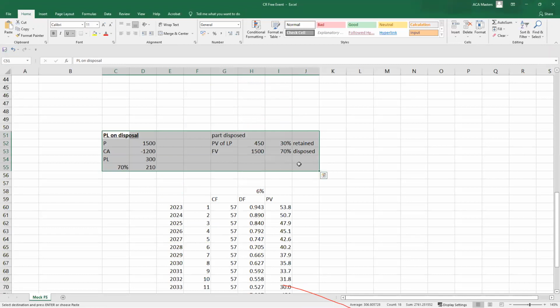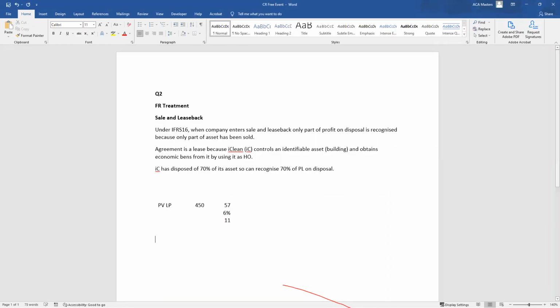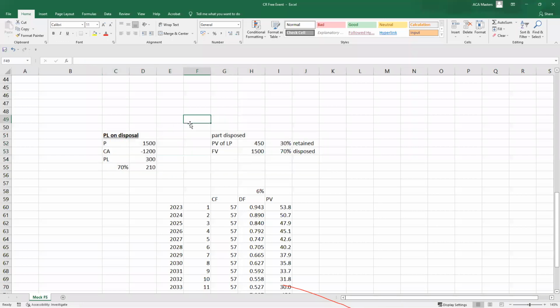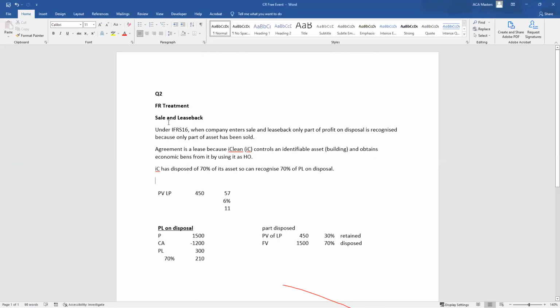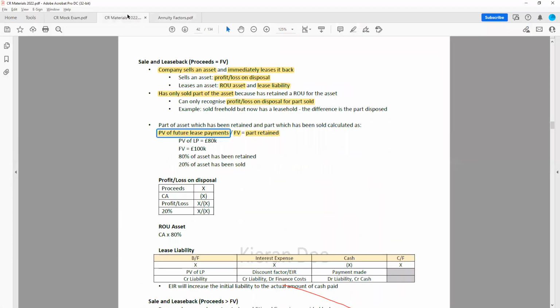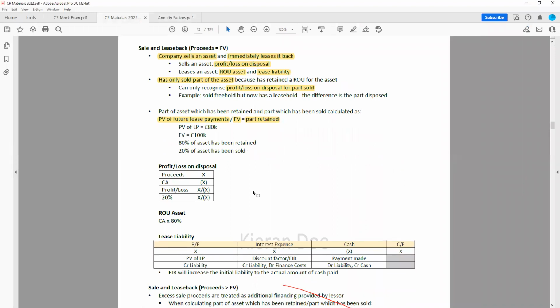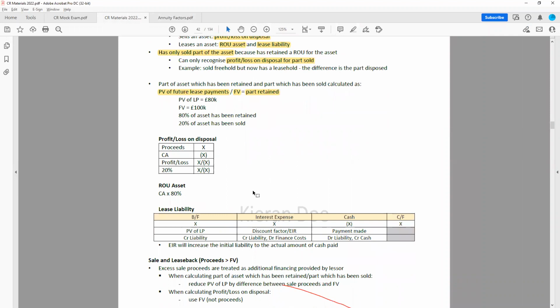And then we've worked out the profit or loss on disposal here, which can be recognized. So that's the first part you have to do, and that's perhaps a tricky part, but hopefully that makes more sense now as to what we are doing there.